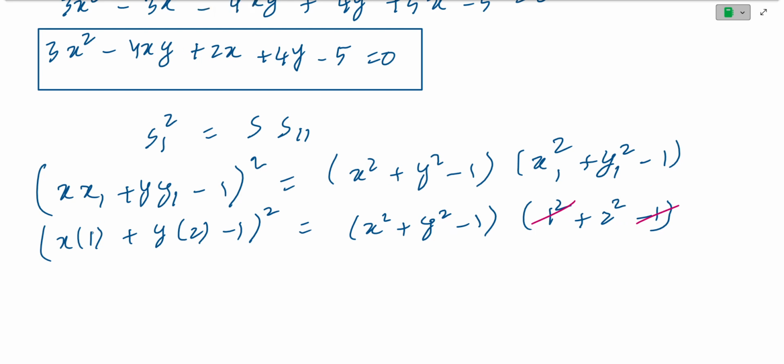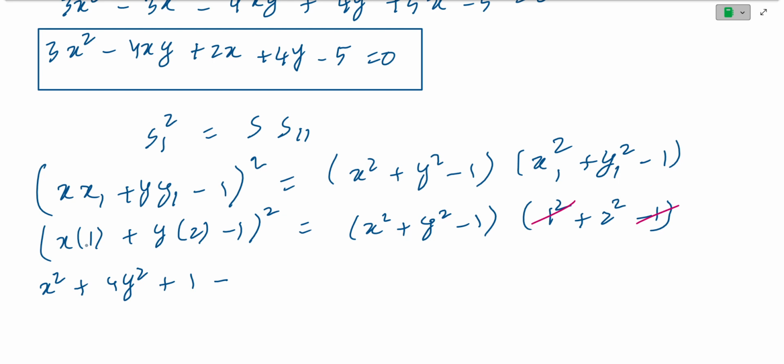Now I will expand this according to the formula (a plus b plus c) whole square. So a square, that is x square, plus 2y whole square, that will be 4y square, plus minus 1 whole square, that will be plus 1.